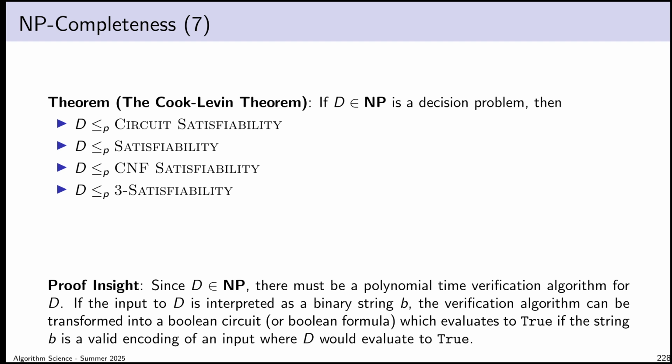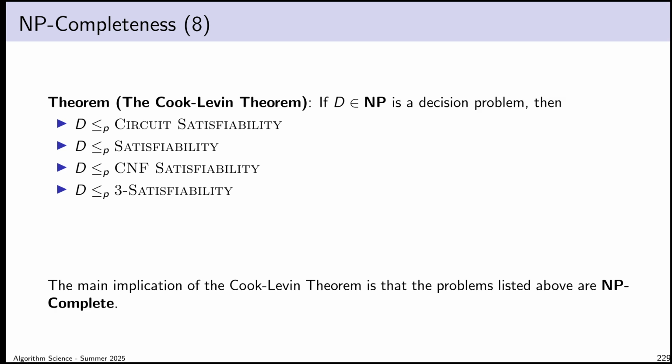Because the Boolean circuit evaluates to true if the input is an input where the decision problem D would evaluate to true. What that's telling us is that because I can turn the verification algorithm for any problem in NP into a circuit, and it turns out we can also turn it into a circuit in 3CNF or CNF, if I can find a polynomial time algorithm for any of these, then I can solve any problem in NP in polynomial time.